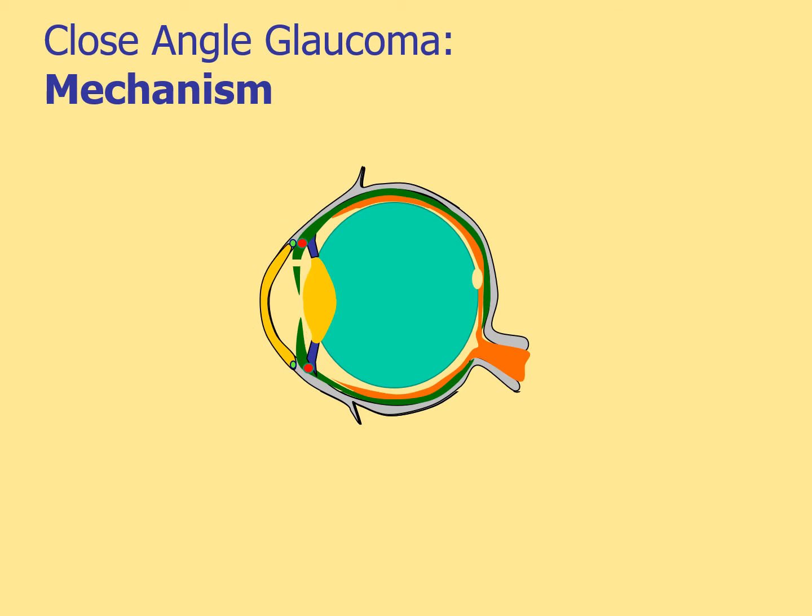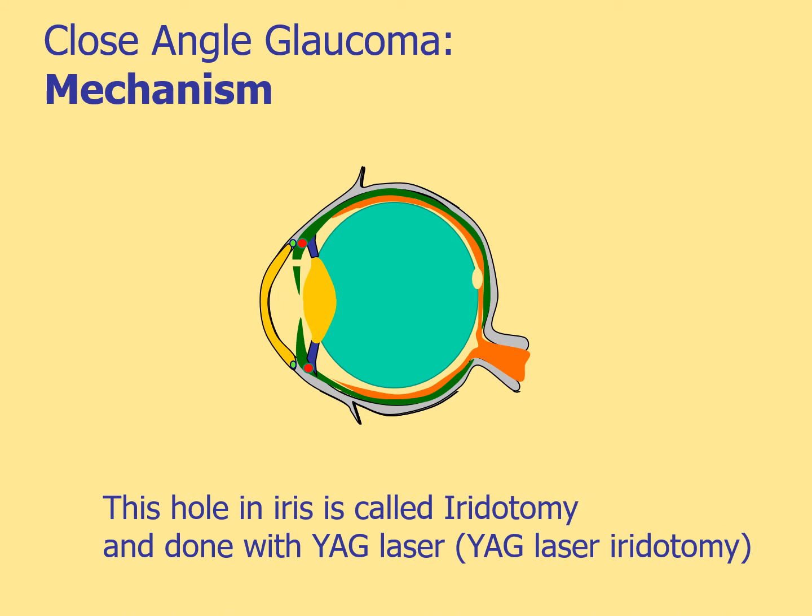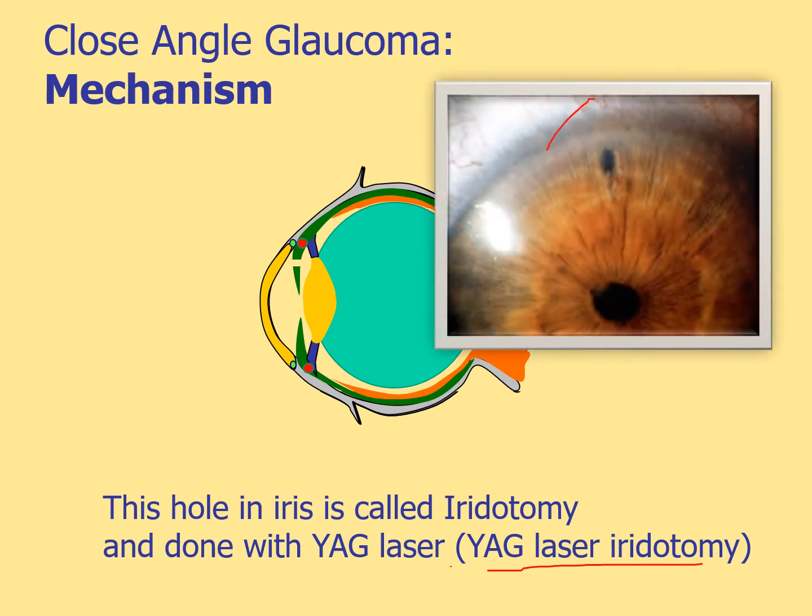This hole in the iris is called iridotomy, and we do it with the YAG laser, so it's called YAG laser iridotomy. In reality it looks like this. There was an angle closure, we made a hole in the periphery of the iris and gave a way for the aqueous to come from the posterior into the anterior chamber, and so we relieve the angle closure glaucoma.